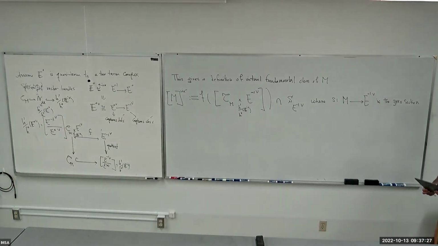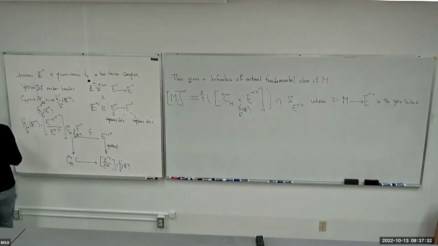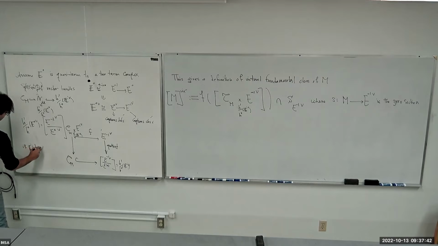Yeah. So what's the definition of H1 over H0 for a complex? So we showed it. If E dot has a representation like E minus 1 goes to E0, goes to E1, goes to E2, and so on, of arbitrary length, and this is F, and this is G. You look at the first cohomology and the zero cohomology.